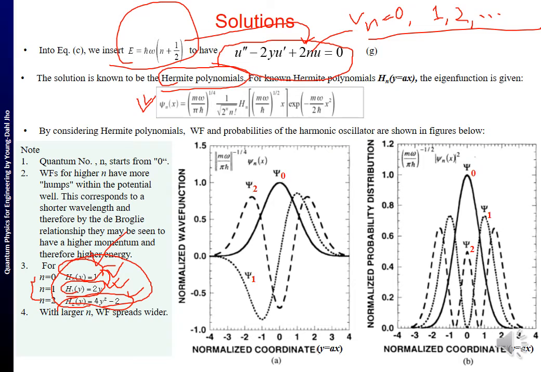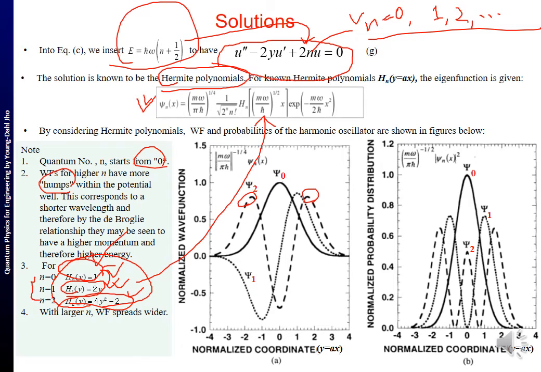And then the wave function shape is here. So 0, 1, 2 are applied here. The quantum number n starts from 0, instead of 1. Wave functions for higher n have more humps, like this.